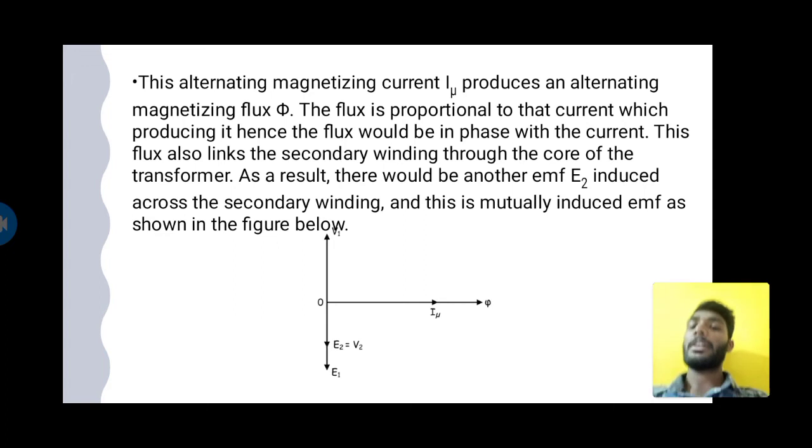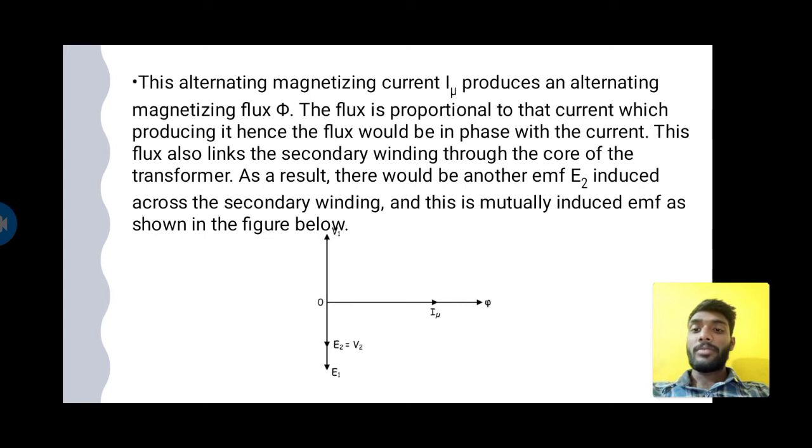This alternating magnetizing current I mu produces an alternating magnetizing flux phi. This flux is proportional to the current which produces it, hence the flux is in phase with that current. This flux also links the secondary winding through the core of the transformer.